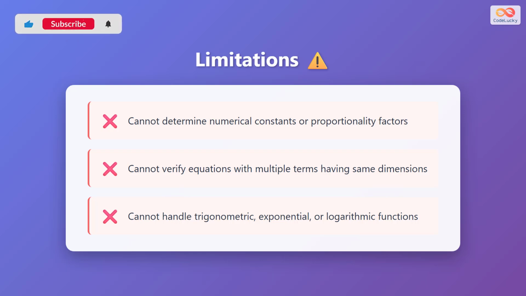Third, it cannot handle trigonometric functions like sine and cosine, exponential functions, or logarithmic functions, because these mathematical operations are dimensionless. Despite these limitations, dimensional analysis remains an invaluable tool for checking basic equation structure and performing unit conversions accurately.